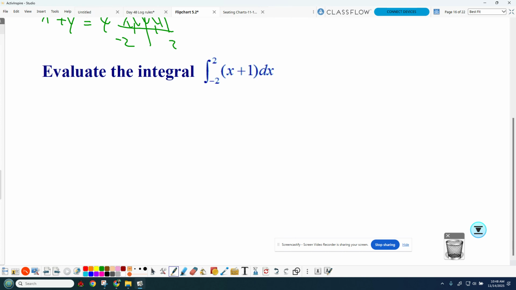So here's to show you with area, you could do this any number of ways. He found the area of this triangle and the area of that triangle, subtract the little one from the big one, and had it, which looks just like the one I drew first period, but drawn to scale.